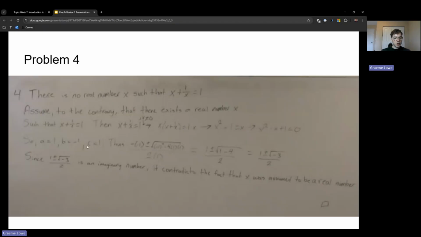Just breaking that down, in front of x squared we have a, in front of the middle term there's b, and in front of the last term there's c. So a in this case is 1, b in this case is negative 1, since we have minus x, and c is 1.